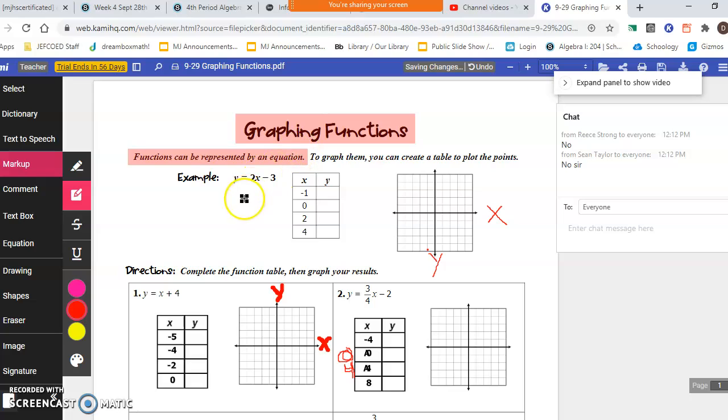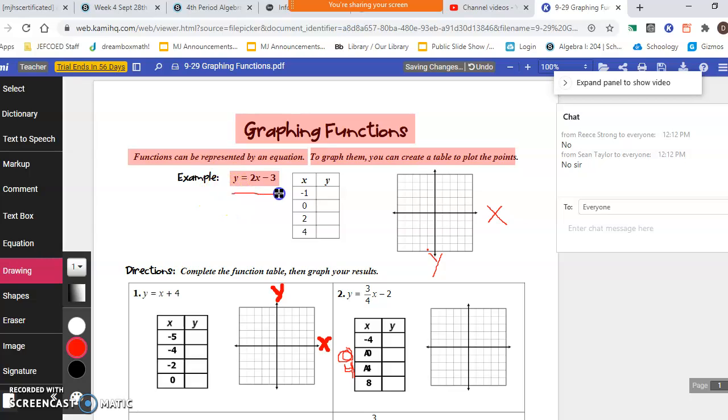Okay. So right here, if you guys are looking, this linear equation is also considered a function. Now, the next thing that we're going to talk about is graphing them. To graph them, you can create a table to plot your points on the coordinate plane, which you guys see right over here.